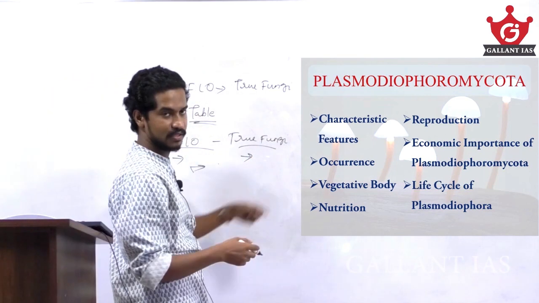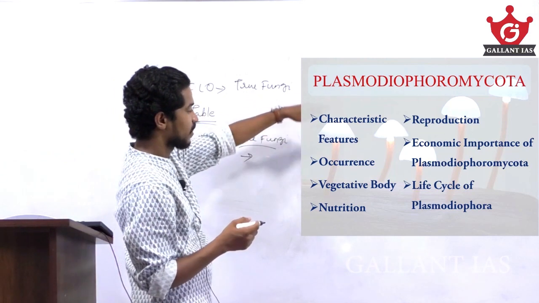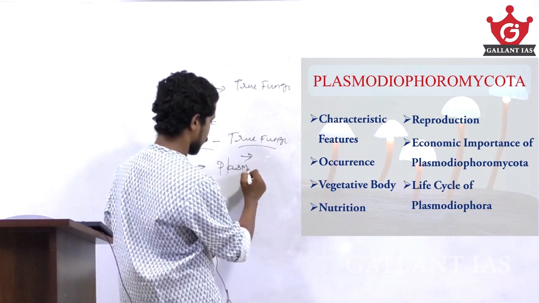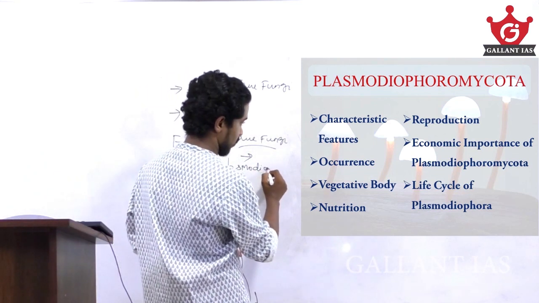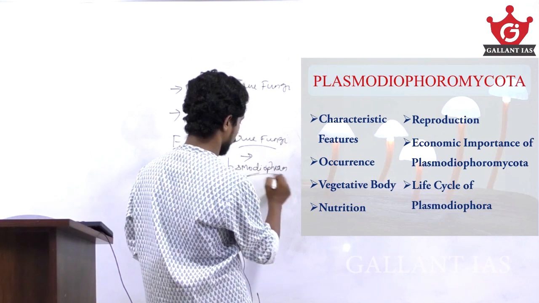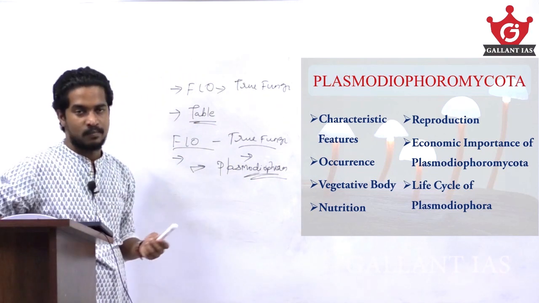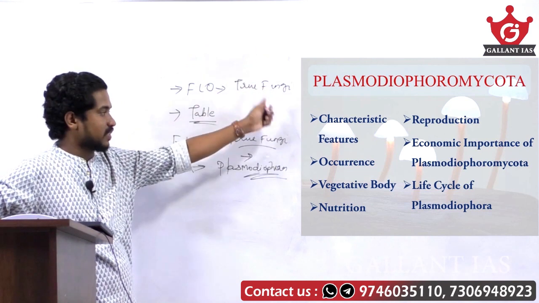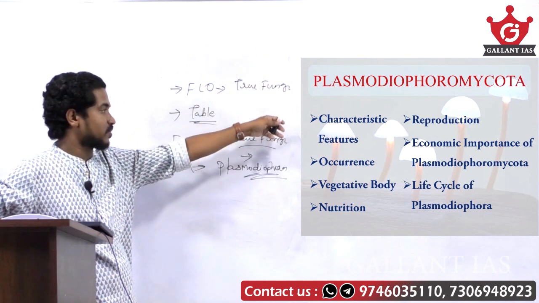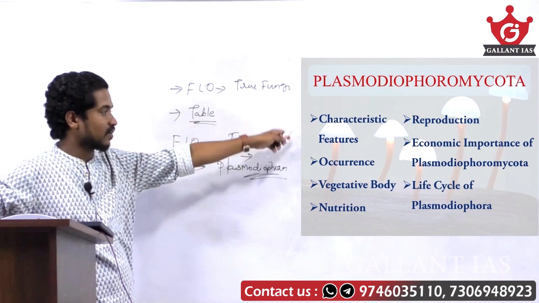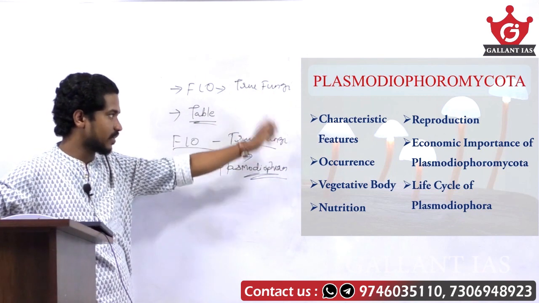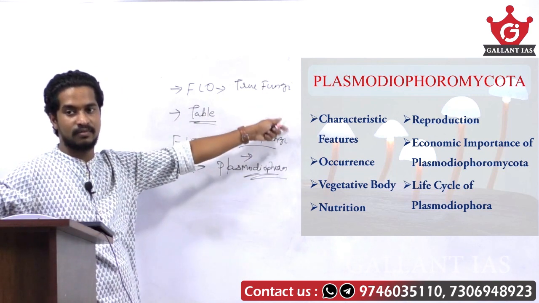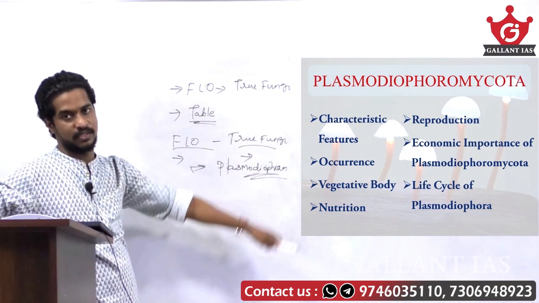This is the major species under Plasmodiophoromycota. While studying any fungal diversity or any phylum of fungi, you have to know their characteristic features, occurrence, vegetative body, nutrition, reproduction, economic importance, and at least the life cycle of one major species.